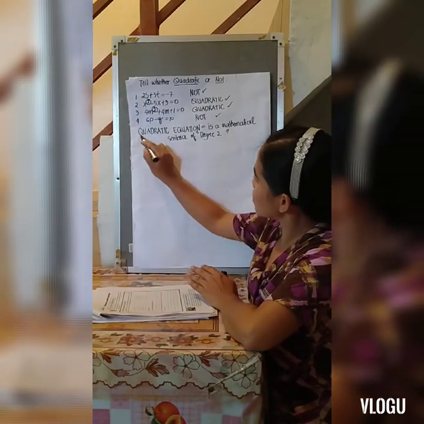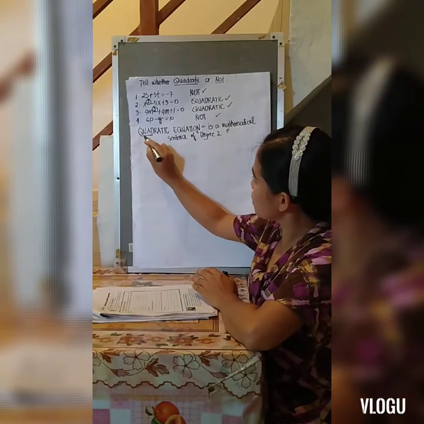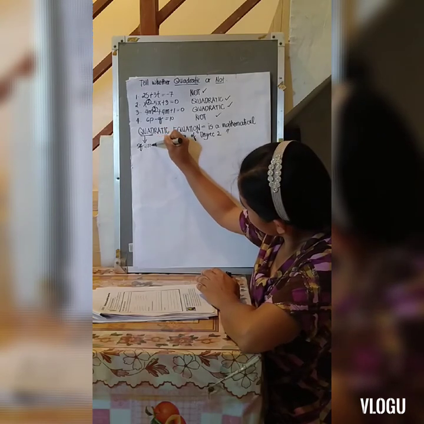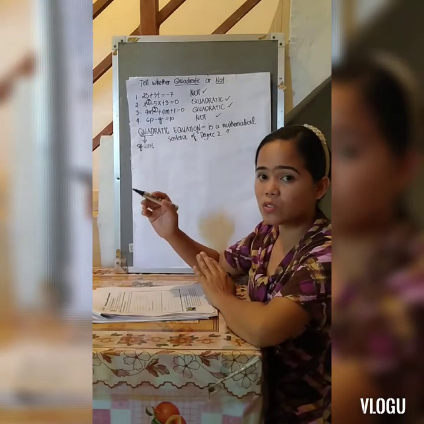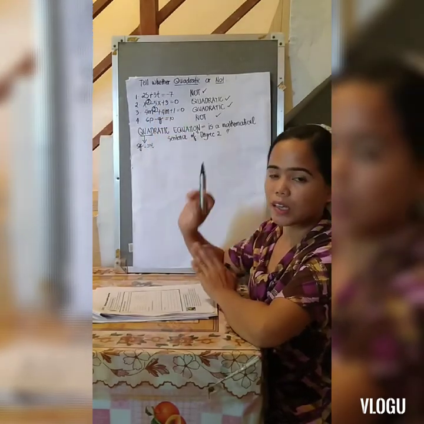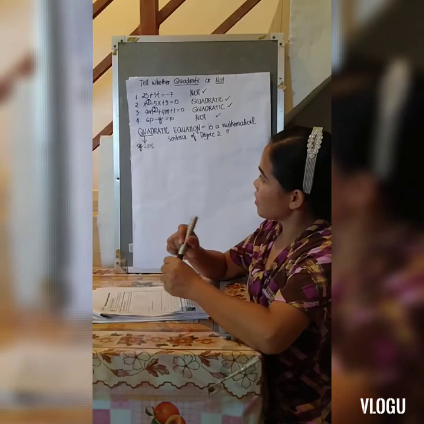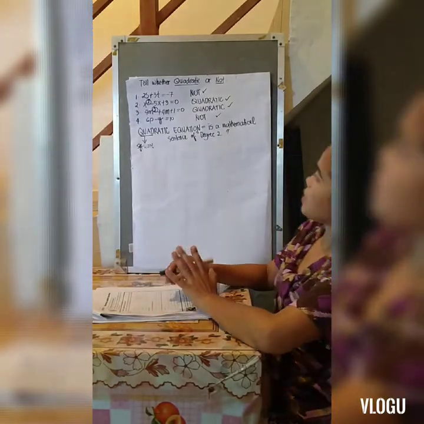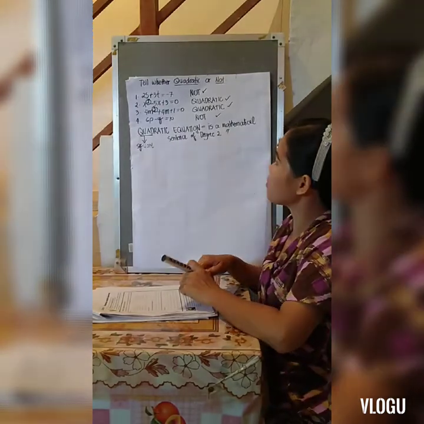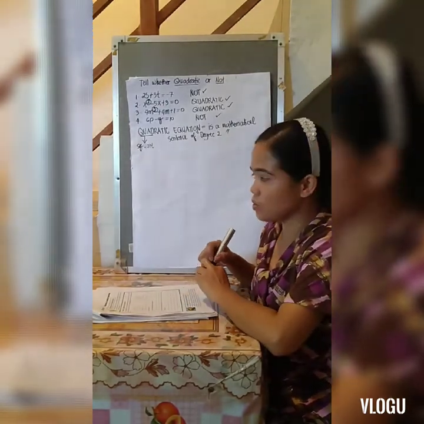Quadratic comes from the word quad, which means square. So your variable gets squared. That's why you have x squared, you have m squared. Again, a quadratic equation is a mathematical sentence that is raised to the power of 2, or has a degree of 2.